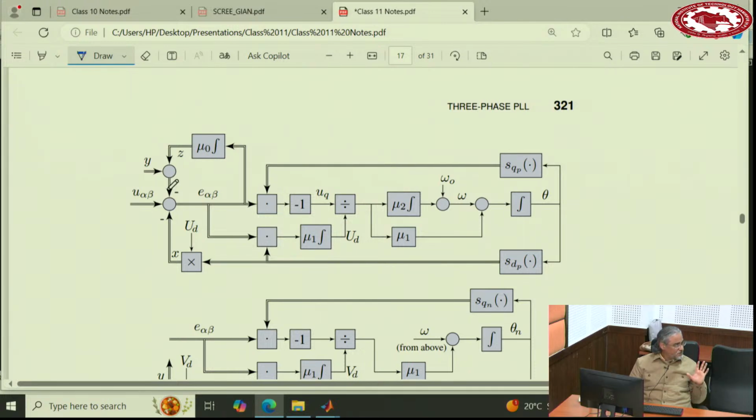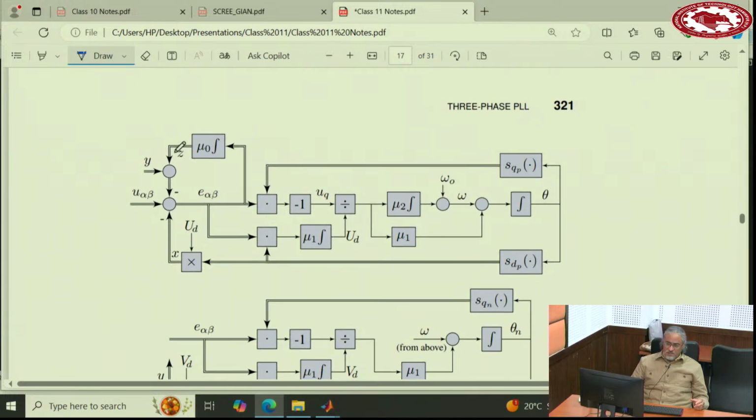Remember, zero sequence doesn't matter, because zero sequence, whether it exists or doesn't exist, it will not come to alpha beta. So we don't worry about zero sequence. But we worry about DC because practically, we explained before, it may be generated during the signal conditioning and signal processing stage, even if the original signal doesn't have DC.